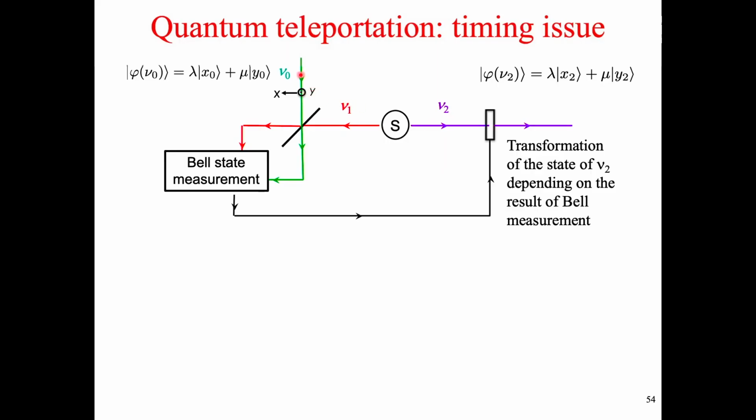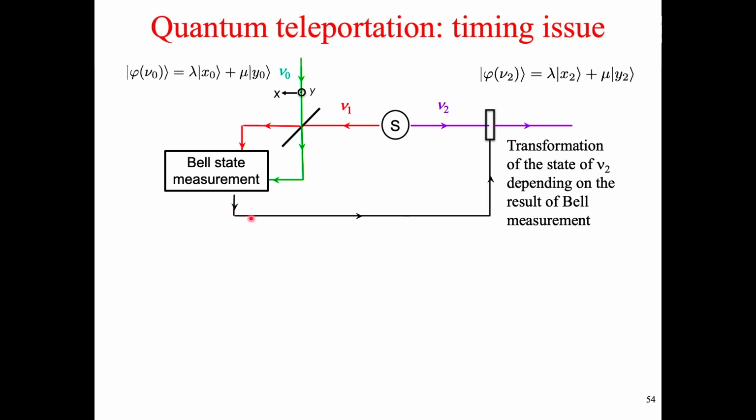The idea is the following. I have here the photon of which I want to transport the polarization. I have it interacting with one of two entangled photons. I have a pair of entangled photons. It interacts by a beam splitter and then a so-called Bell state measurement. Don't ask me, but there are only 4 results possible, so you can encode the result, which is now classical because you have a result, okay?